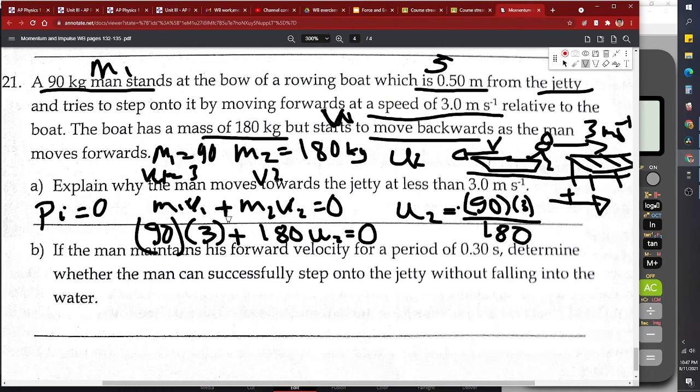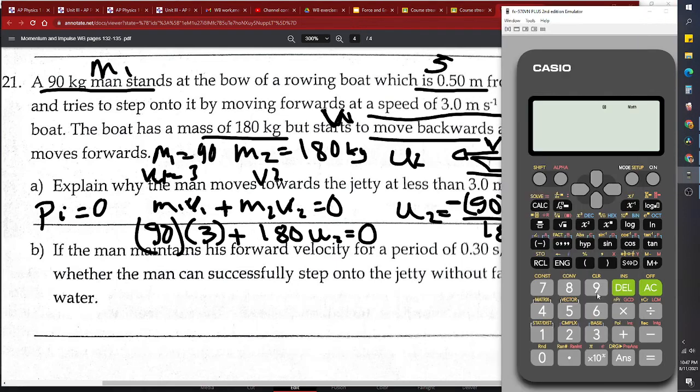And this becomes a negative value, and this really helps us understand the direction too, because we know the boat is going in the opposite direction of the man, and we already said the man's direction is positive, so it makes sense our answer is going to be negative.